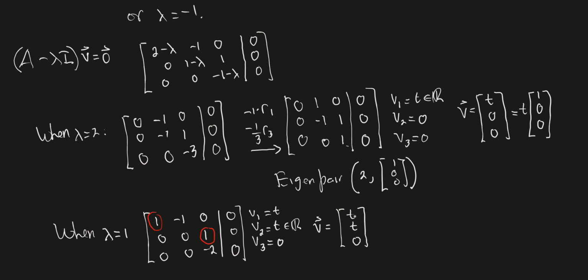When I factor out the t, this is the form of my eigenvector: 1, 1, 0. So the eigenpair for when lambda is equal to 1, my vector is of the form 1, 1, 0.